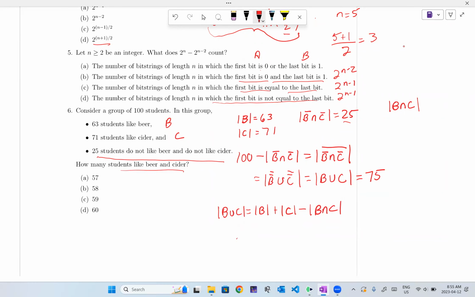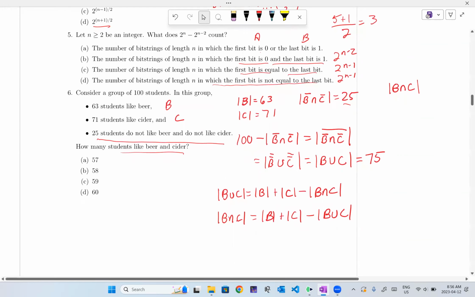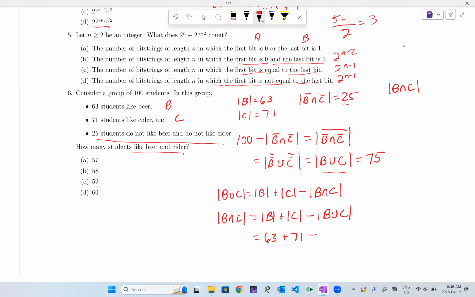So I will have B intersect C equals B plus C minus B union C. Now I have all these numbers, so I can solve. B is 63, C is 71, minus B union C is 75. So what is that? 59.